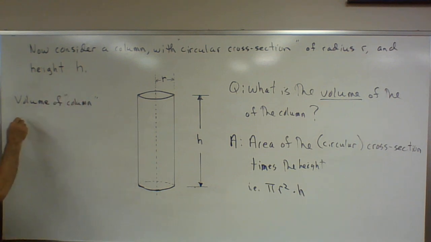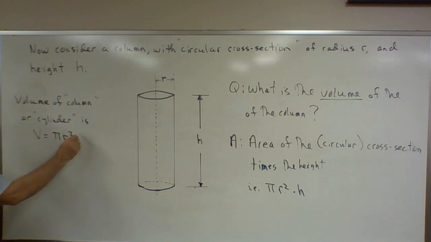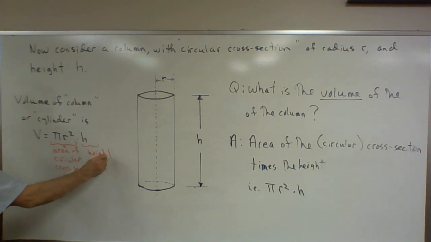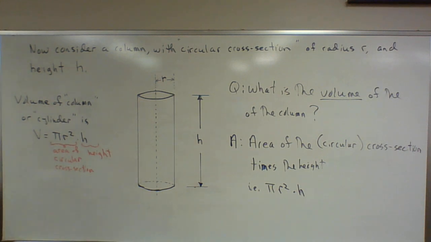So the volume of this column, or cylinder, is the area of the circular cross section times the height. Now this we're going to build on.